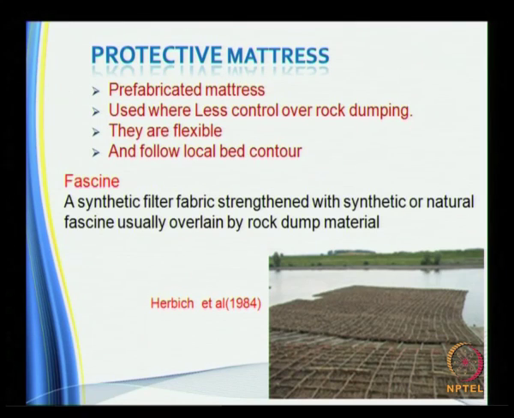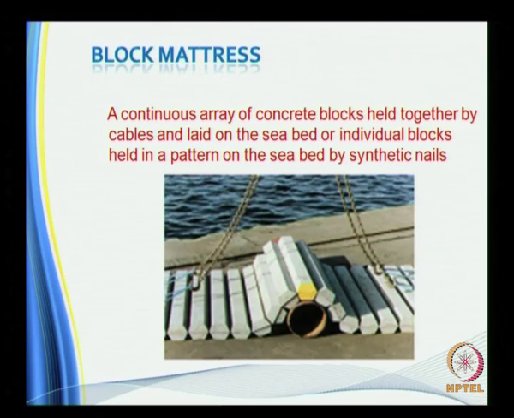Then there is the synthetic fascine, another product which has been mentioned in Hebisch et al. A filter fabric strengthened with geosynthetic material, and you have a strengthening so that it is very flexible, you can cover it and use it. This is another block mattress, a continuous array of concrete blocks held together by cable and then it is laid over.